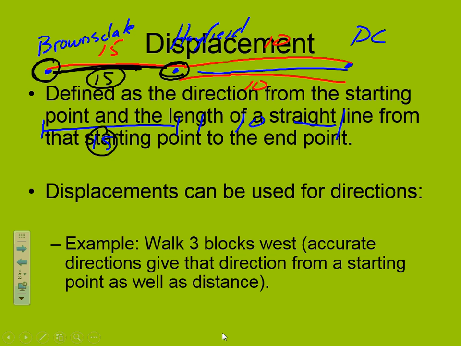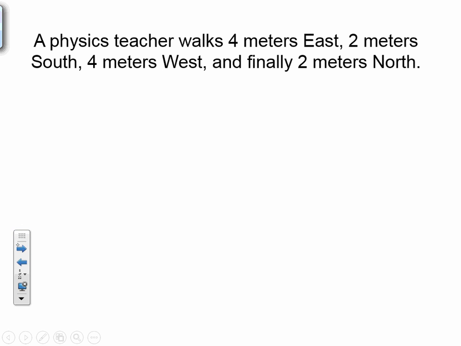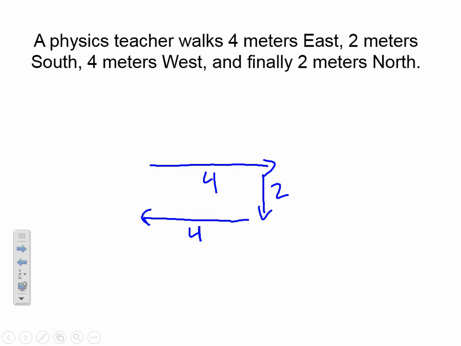Now we can use displacement for directions as well, and we'll talk about that in a second. So think about it this way. A physics teacher walks 4 meters east, 2 meters south, 4 meters west, and finally 2 meters north.